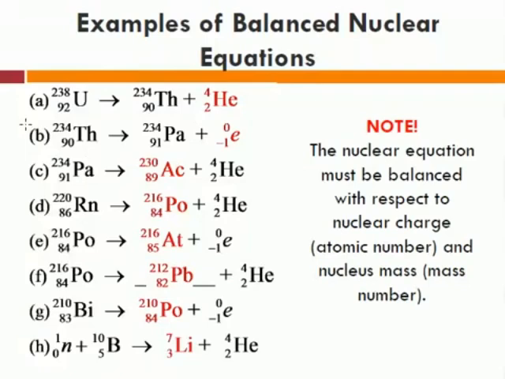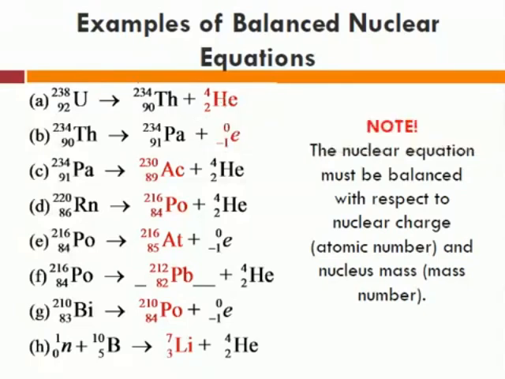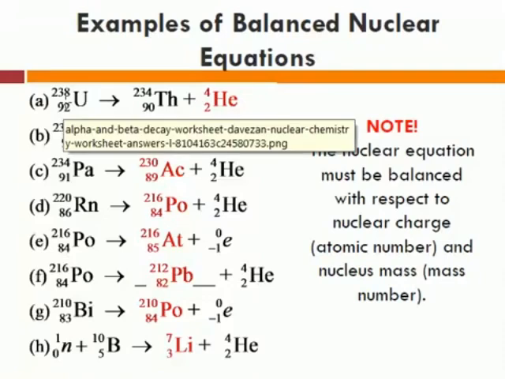The mass number here is 238. Here we have 234 and 4, so the sum is 234 plus 4, which is 238. So, balanced. The atomic number here is 92. Here we have 90 plus 2, so 92. 92 on the product side, 92 on the reactant side.